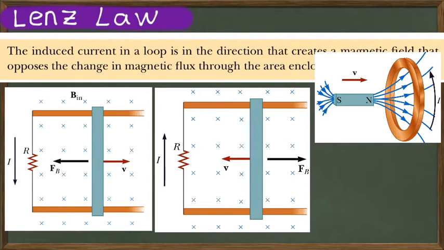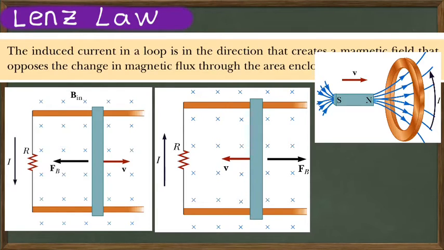What happens if I move the bar toward the ring? Will the magnetic flux increase or decrease through the ring? Increase. It will increase because the portion of the magnet that has the higher intensity of lines will come close to the ring. That means it will increase the intensity of the magnetic field.